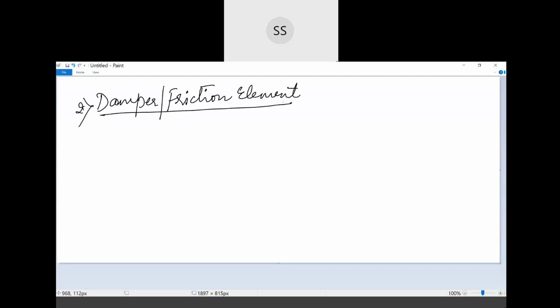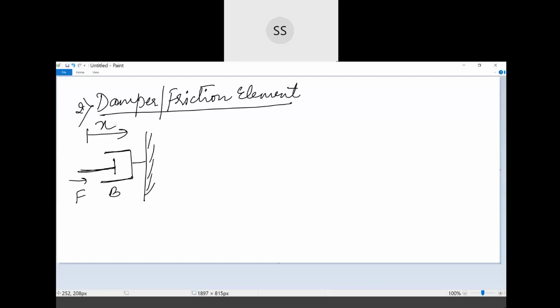The representation of that is this symbol, which represents the damper or the friction in a mechanical system, and here I am writing B. This represents a piston inside this particular cylinder. In an entire mechanical system, wherever you find this symbol, it shows that particular part is experiencing friction. Here also, when F is applied, it gets displaced by x.